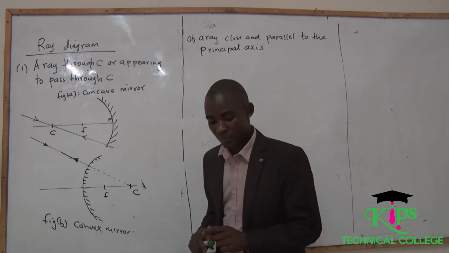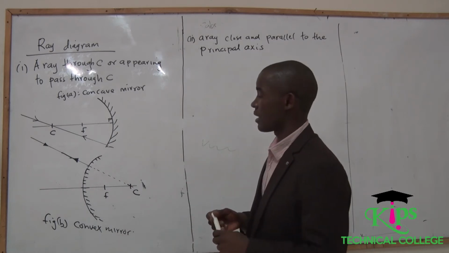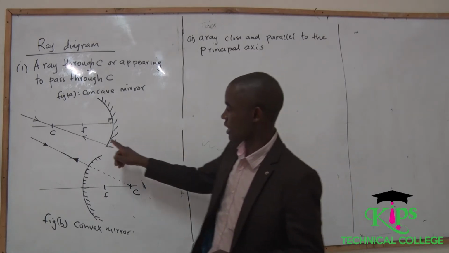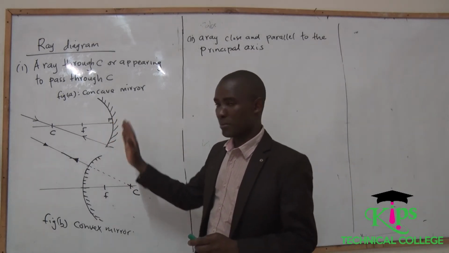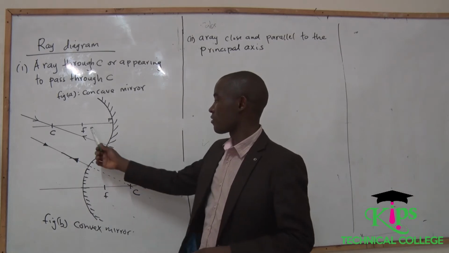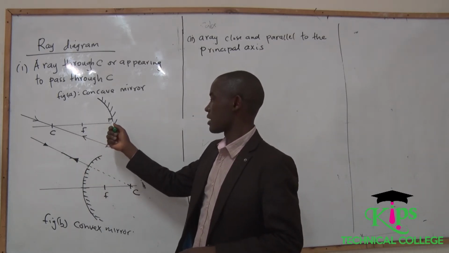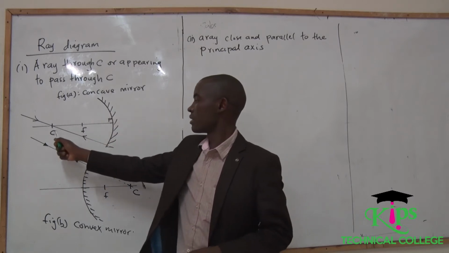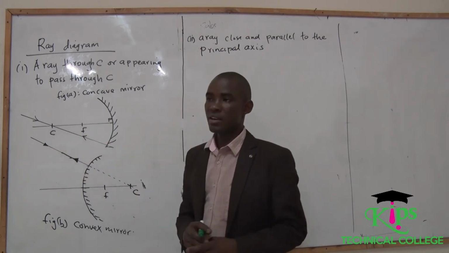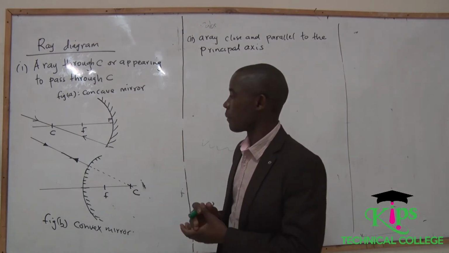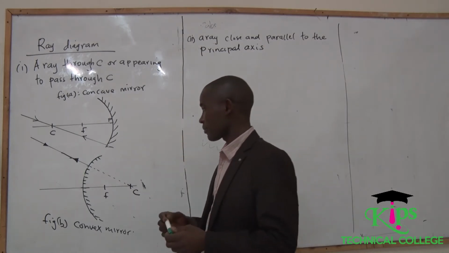We now want to look at a ray that is going to pass through the principal focus, F. And bear in mind that F is between C and P. This is the center of the mirror, and this is of course the radius where that particular mirror was obtained from.